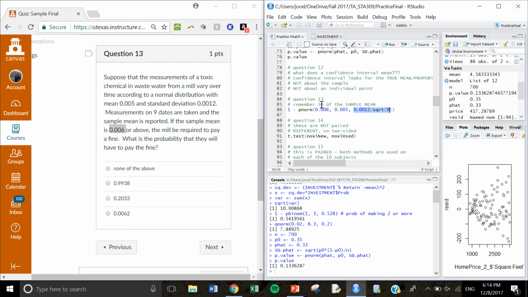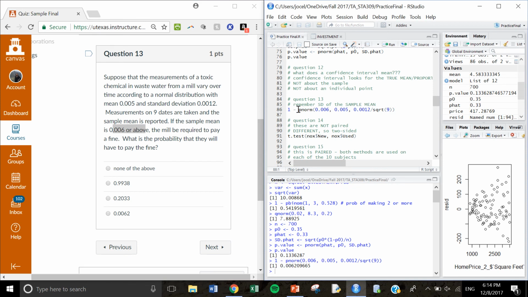So p-norm, we put our value, comma mean, comma standard deviation, which in this case is the standard deviation of the sample mean, and we did 1 minus because it's 0.006 or above. And we get 0.006 for our probability.